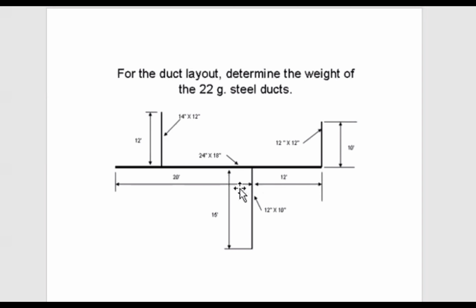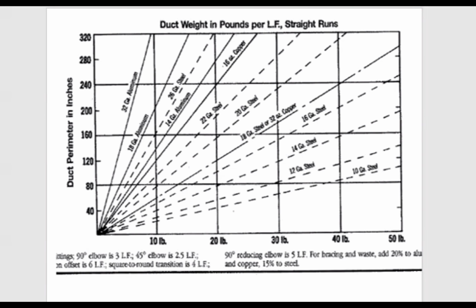It has a 14 by 12 rectangular one for a 12-foot run, 24 by 18 inch rectangular duct for, let's see, how long is that? That's a 32-foot run, and then a 15-foot run of 12 by 10 rectangular. The idea is to determine the weights of these ducts, and we can use this following chart, which gives us a very good approximation.